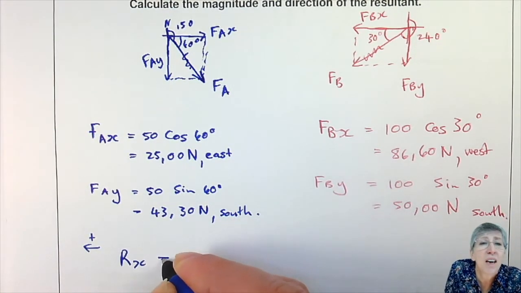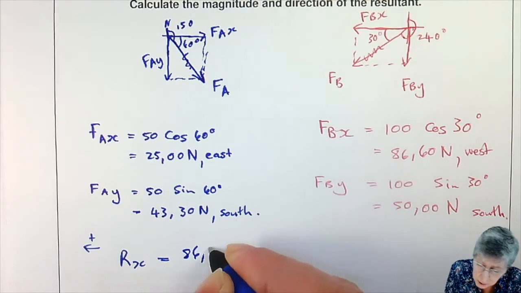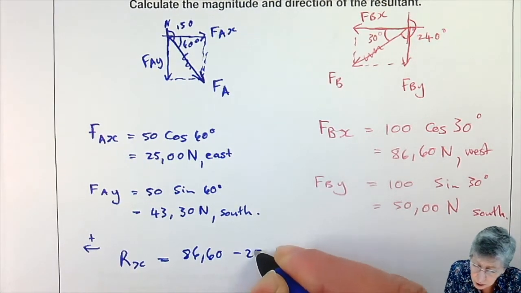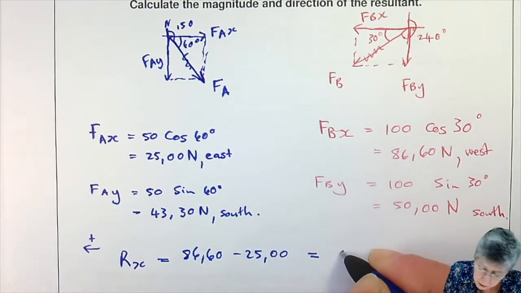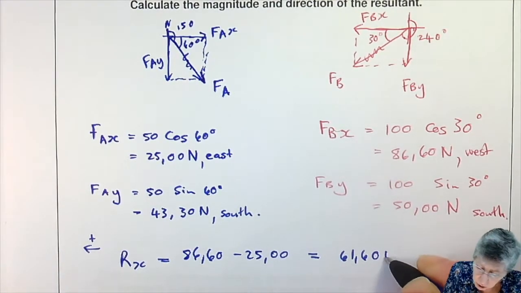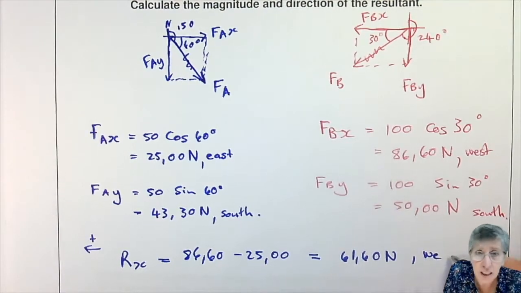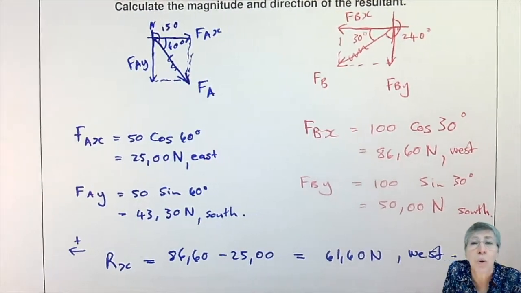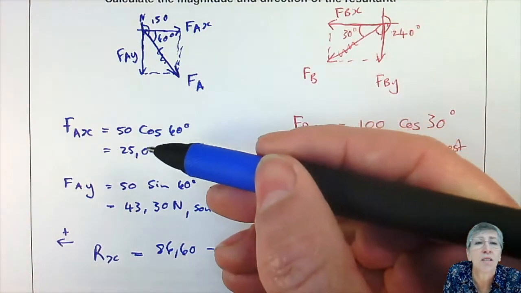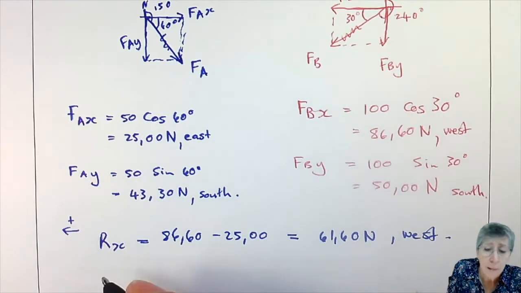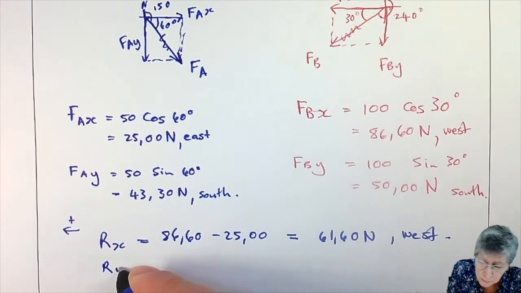And that means I will end up with 86,60 minus that 25,00, and I end up with 61,60 Newton, and that is obviously now towards the west, right? So west is winning, right? 86,60 minus that 25.